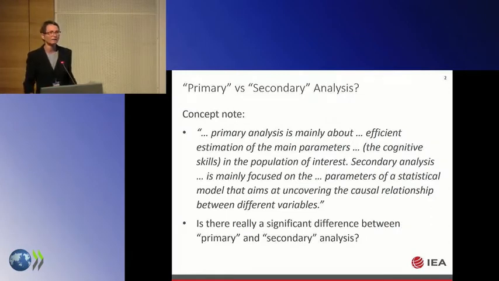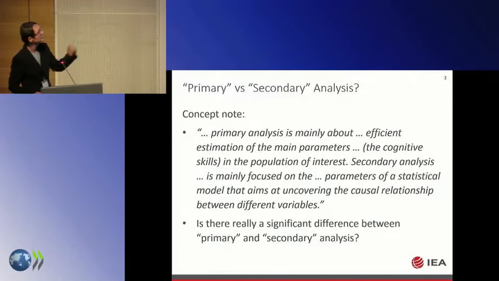In the concept note for this meeting, there is a lot of mention of primary and secondary analysis. The primary analysis, it says, is mainly about efficient estimation of main parameters, the cognitive skills most of the time in this case, in the population of interest.